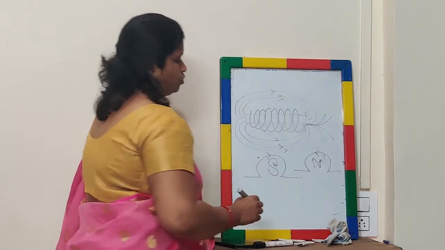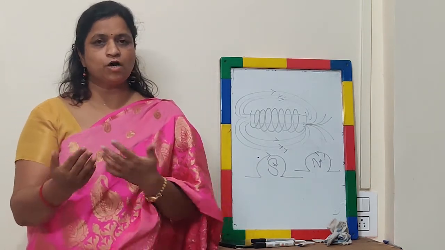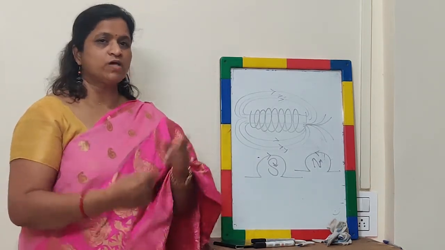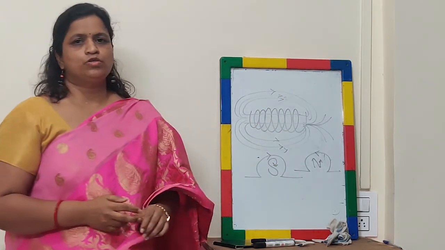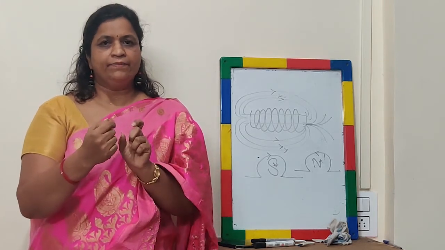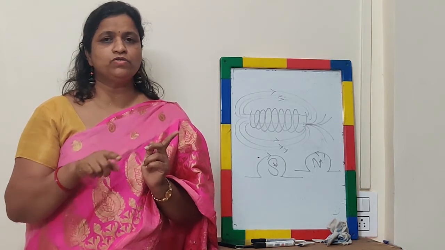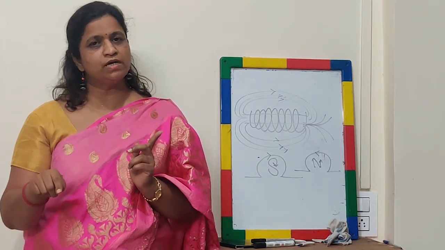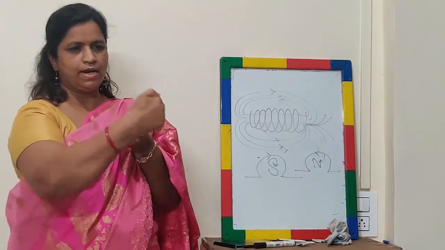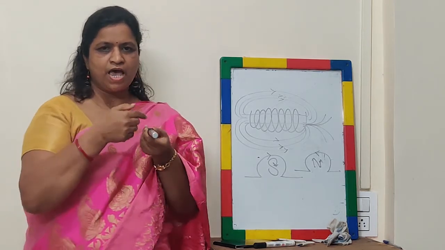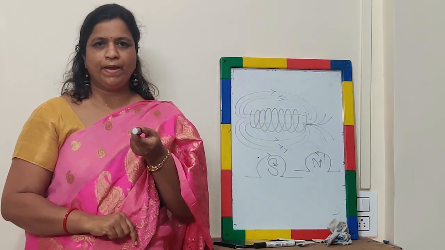Okay, so from this we can get an idea of which side is the south pole and which side is the north pole, and automatically we can draw such arrows also. We just have to take care, whenever we are wrapping the wire, which terminal is connected to the positive terminal and which is connected to the negative terminal of the battery.